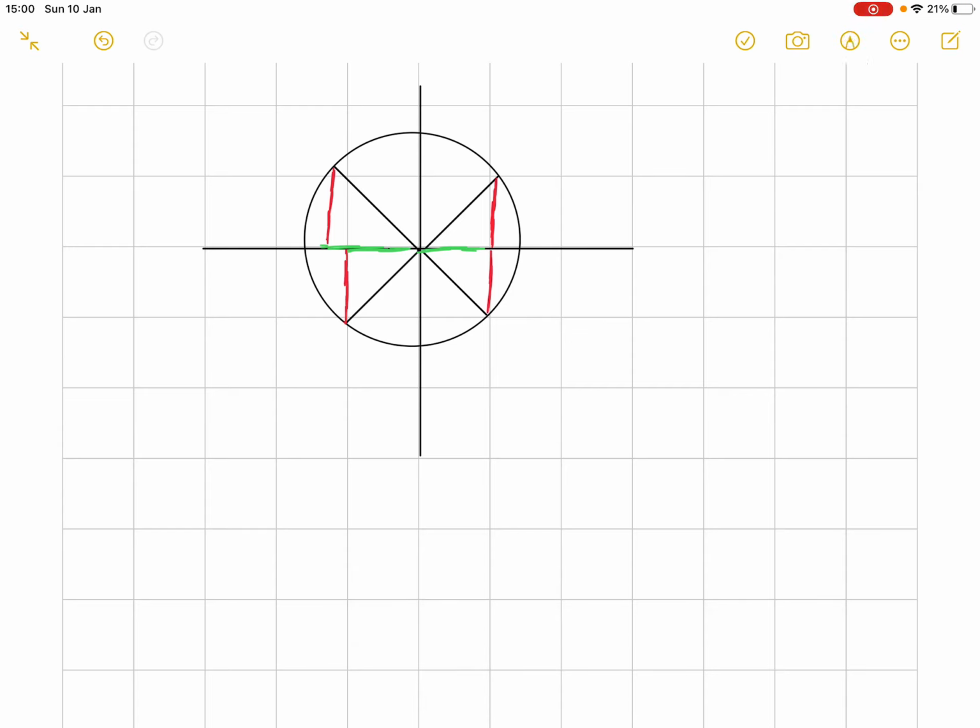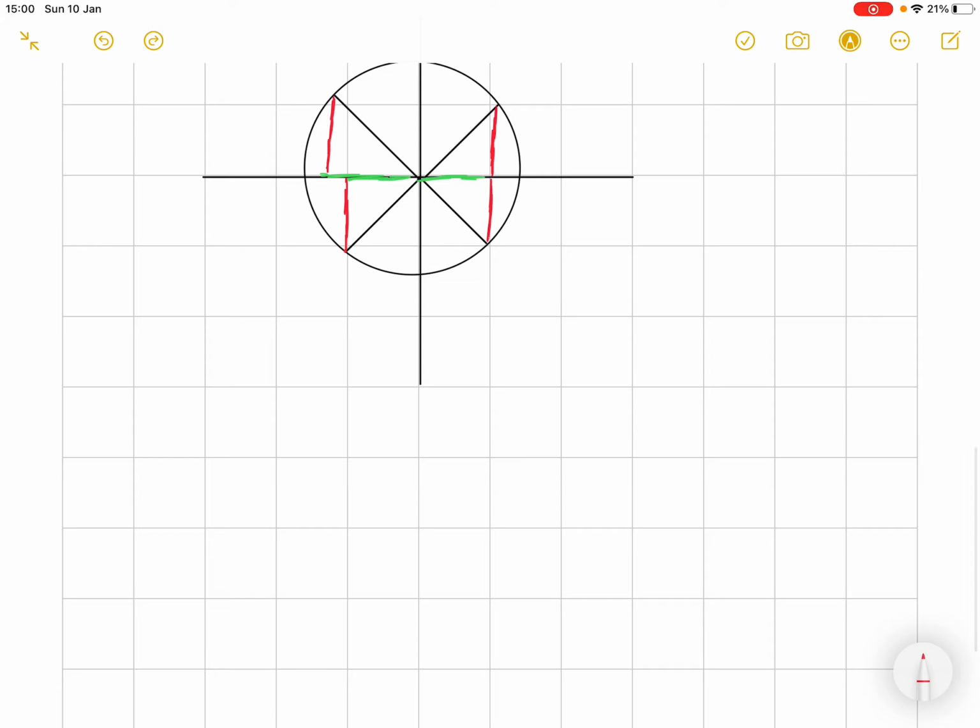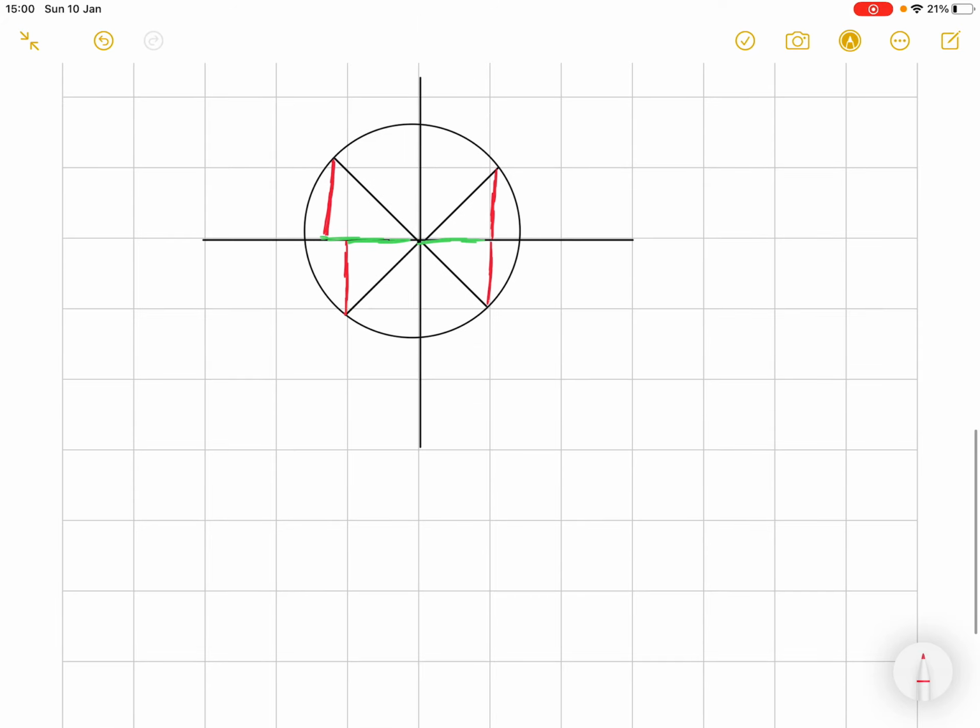So in quadrant 1, they're both positive. The green line is to the right of the y-axis, and the red line is above the x-axis. But in quadrant 2, the red line is still positive, the red line here is still above the x-axis, so this is greater than 0.